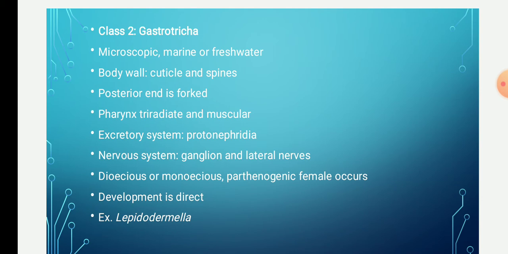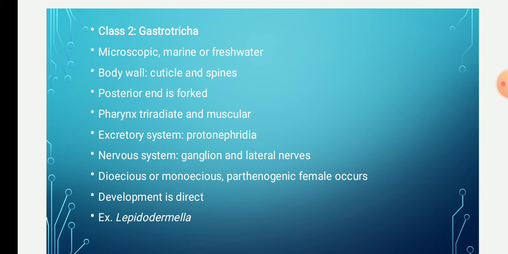The organism has the male and female reproductive systems in the same organism. Monoecious means hermaphrodite, having the male and female reproductive organs in the same individual, and dioecious having the male and female reproductive systems in different individuals.